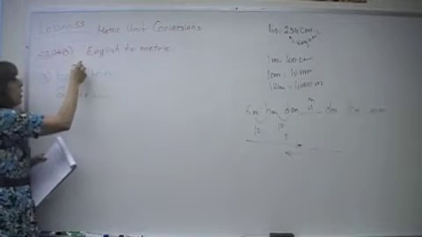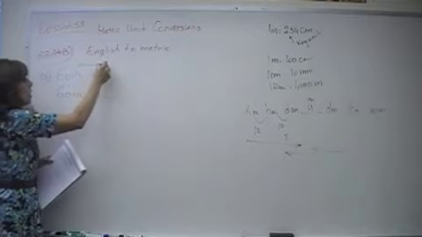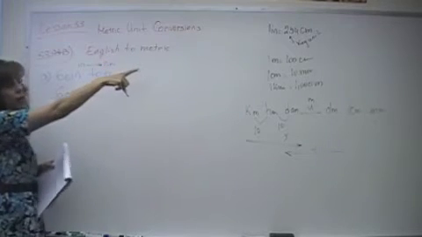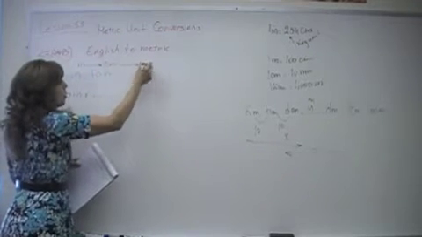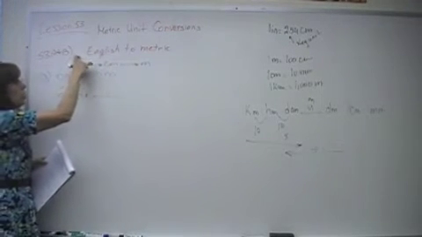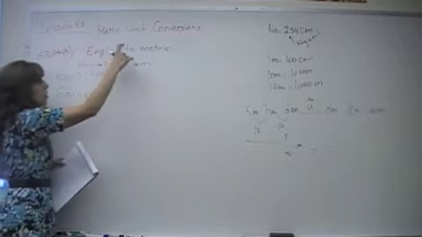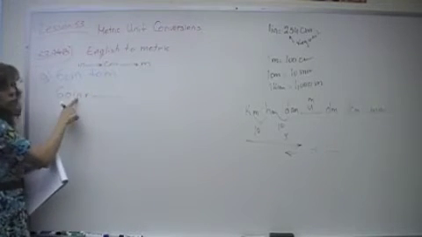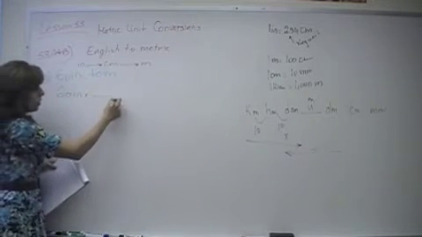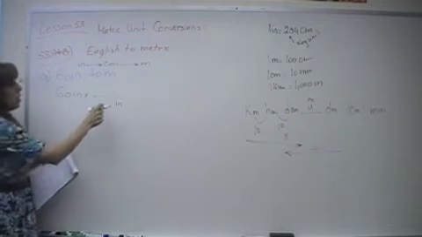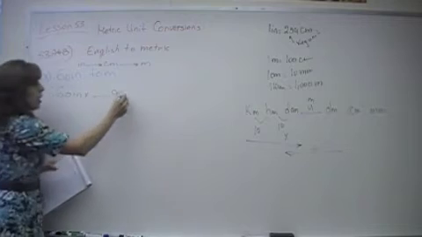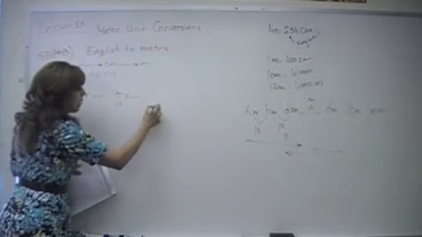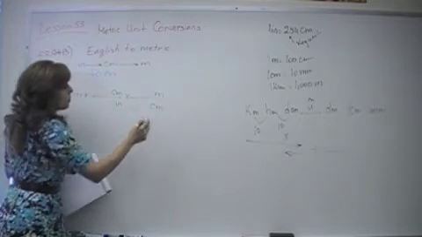If I go from inch to centimeter through that key unit there, from centimeter I can go to meter. So actually I moved from the English system to the metric system. Inch right here, so you're gonna put your inch right down in the denominator, and centimeter in the numerator. Times centimeter down here, and here's your meter.